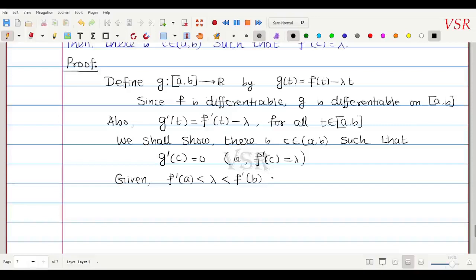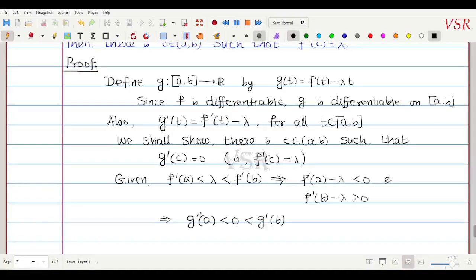This implies that f dash of a minus lambda is negative, and f dash of b minus lambda is positive, by this definition. This implies that g dash of a is negative and g dash of b is positive. So I will write both in one line.